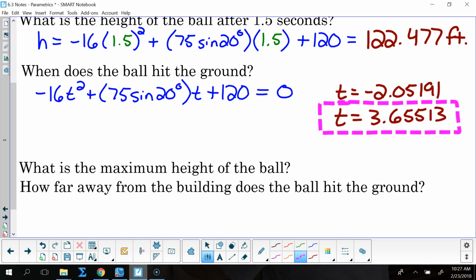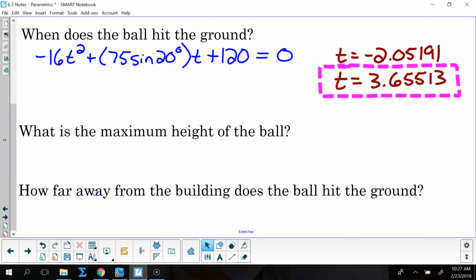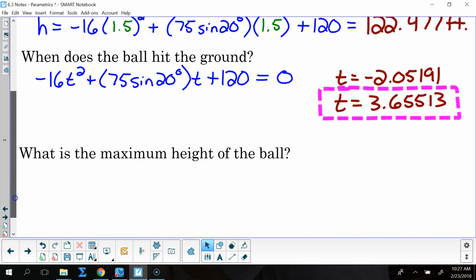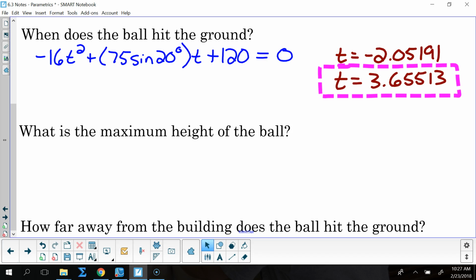Okay? So that's when does the ball hit the ground. Then it's asking what is the maximum height of the ball. Well, where am I going to find the maximum height of the ball? Could I just divide T by 2?